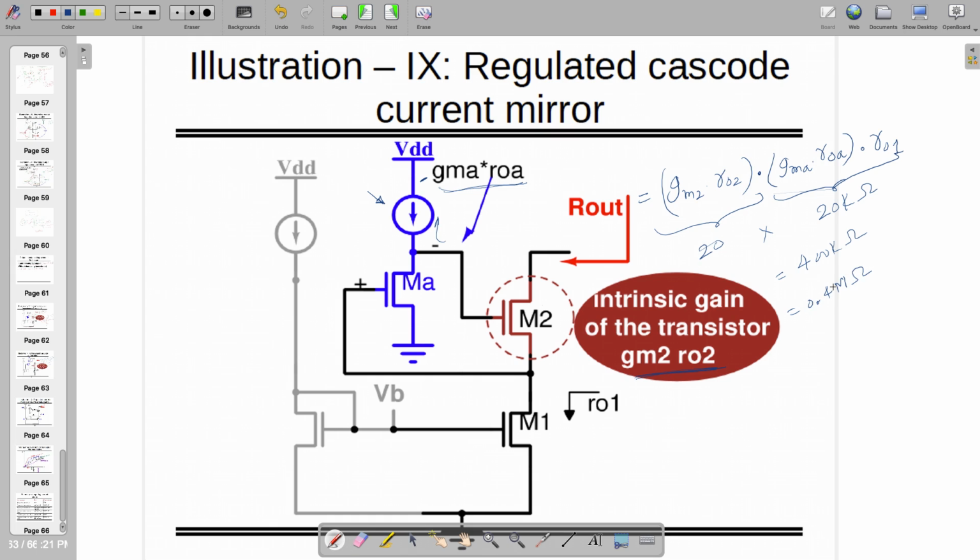So if you are greedy on R out, don't take just gmA roA, but take some more. You can have two stages also. You can improve this gain, and you can have it not only 20, you can have it 100 or maybe 1000, whatever you like, you can keep it there, and you can achieve that, and you can have the higher resistance at the output side.